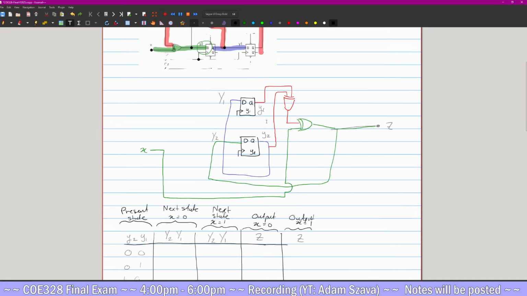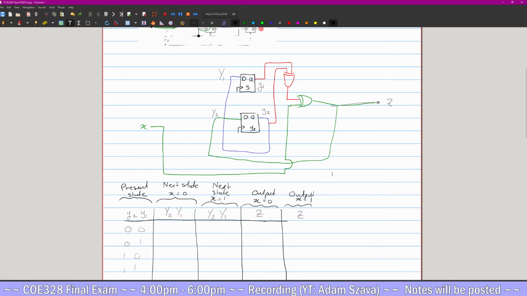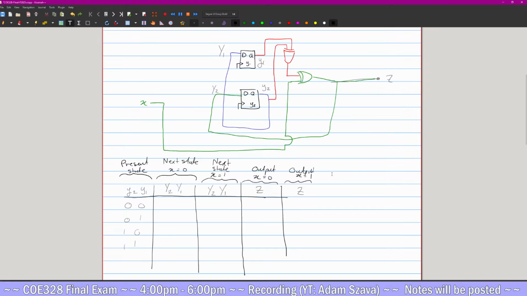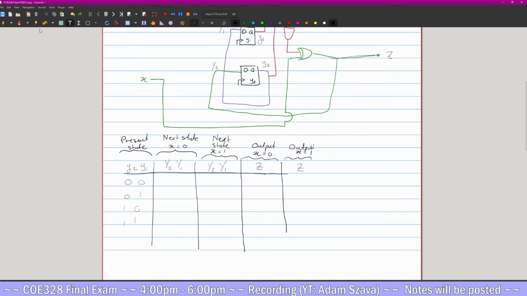That's really the key thing, without affecting the present state. If I imagine X is a switch and I flip it up and down, then Z will also change, because it's this OR gate here. Possibly. If this is fixed at a 1, then of course it won't change, but it could change without clocking. Hopefully that makes sense.